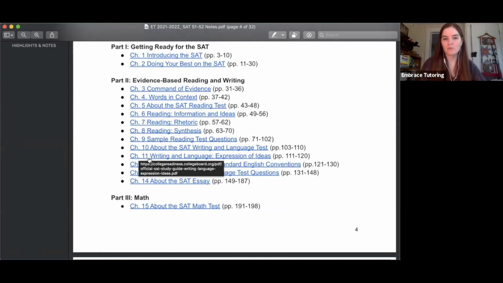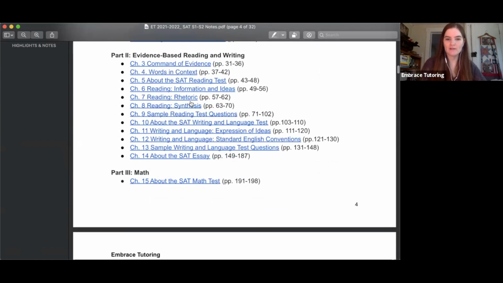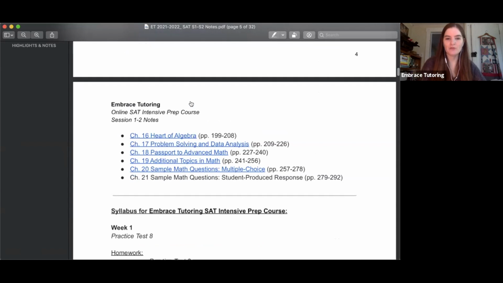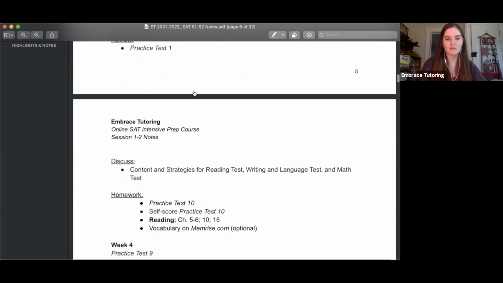That would have been writing and language, expression of ideas, and writing and language standard English conventions. So for this week, you just had chapter 13 for writing and language, and you had the chapter for synthesis for the reading, which we're going to look at in a second. And then you had 2 chapters from math, which were 17 and 18.